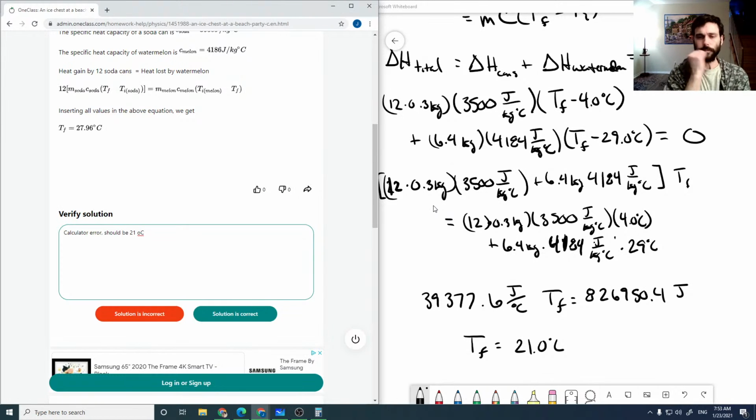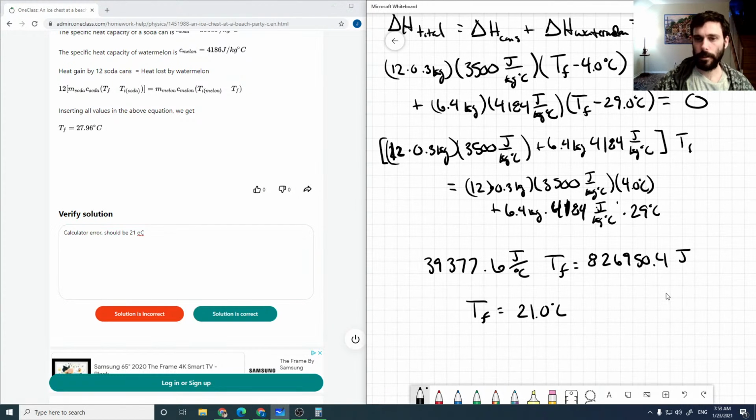So our total mass of our cans is about 3.6 kilograms, which is about half the mass, a bit over half the mass of our watermelon. The watermelon is also about 4/3 the heat capacity. So we would expect the temperature to be closer to the watermelon. But it isn't that far away. It shouldn't be only a 2-degree difference.